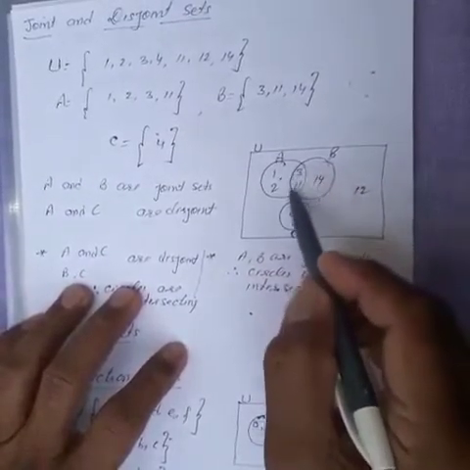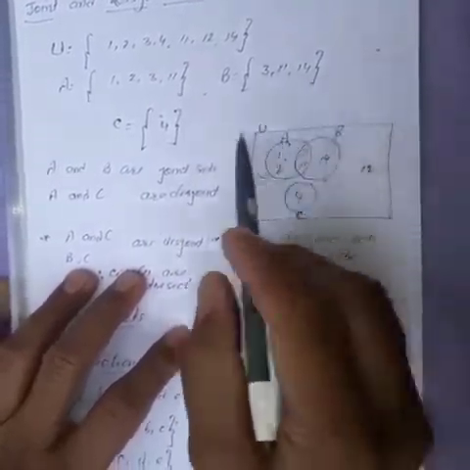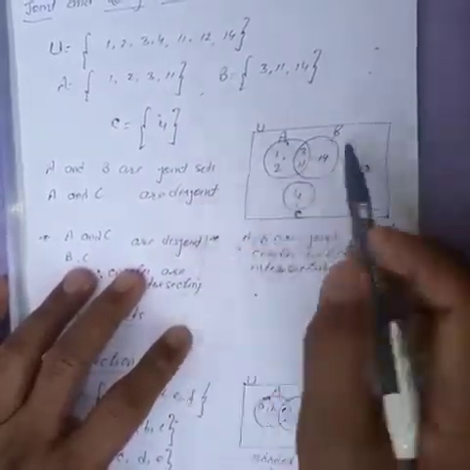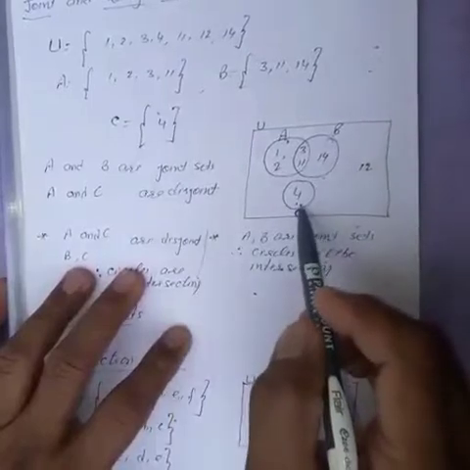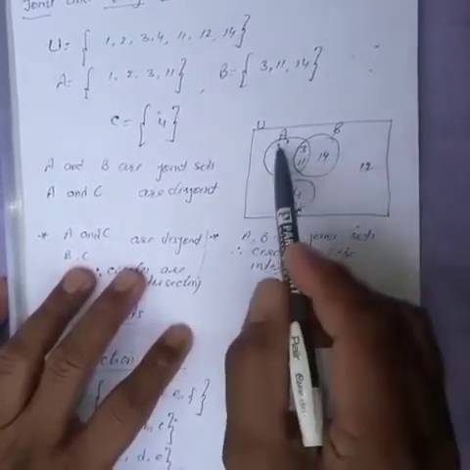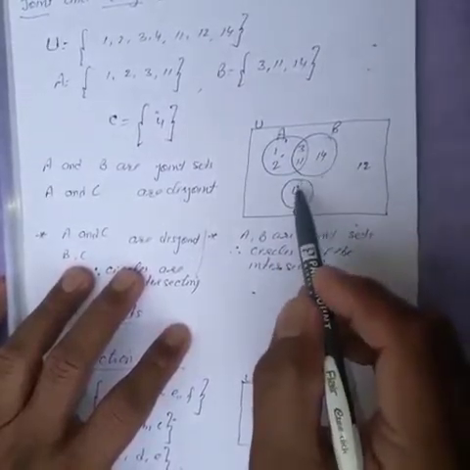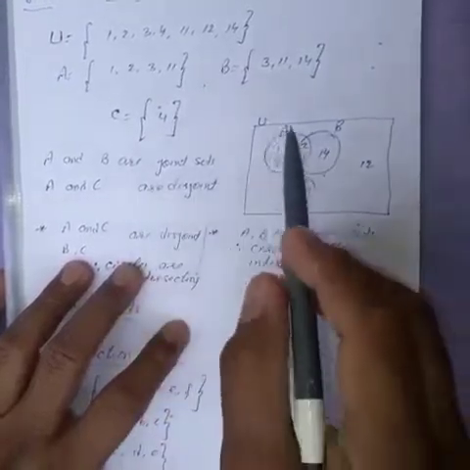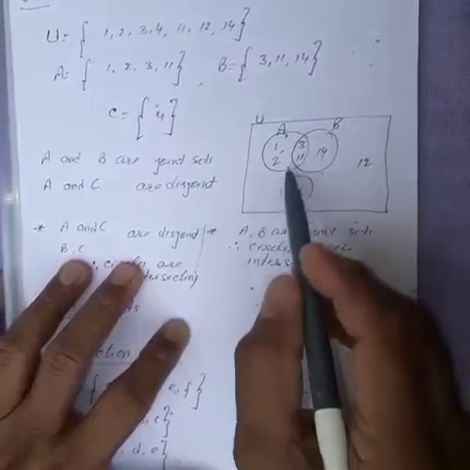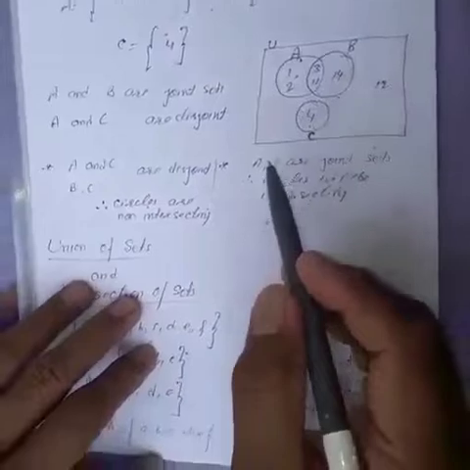It means this portion is common to both circles, and we have some common elements in A and B, so these elements are a part of both A and B. And draw circle C, because there is no element common between A and C and B and C, therefore this circle will be non-intersecting. So if the sets are joint, the circles will be intersecting, and disjoint circles will be non-intersecting. So these are about joint and disjoint sets.